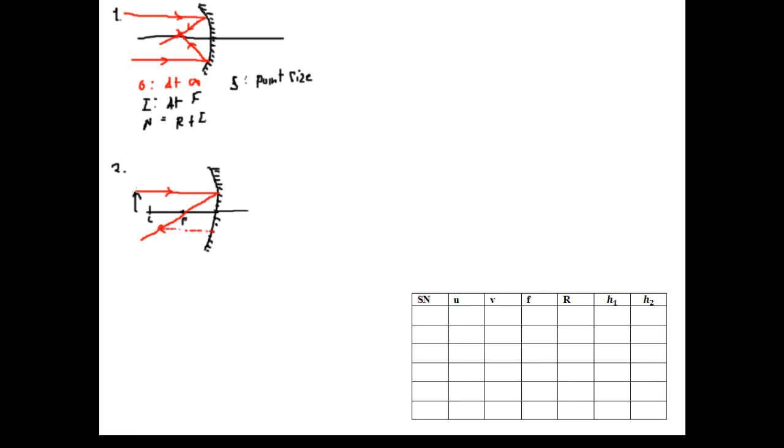So where is the object? Object is behind C. Where is the image? Between, I write B/W, short form, between C and F. Try to understand.